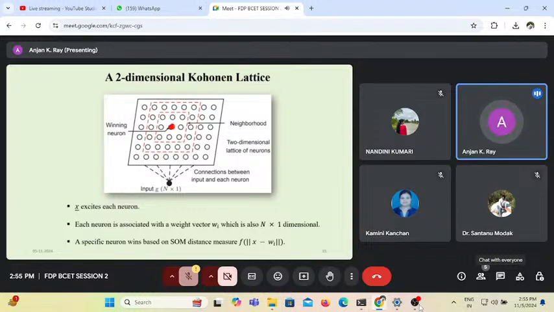Now, if we consider a distance of root 2, remember, this is the structural distance, with structural distance d less than or equal to root 2, then this neuron, this neuron, this neuron, this neuron, all will be its neighbors, like the internal red portion.